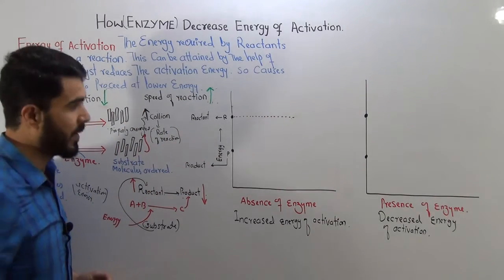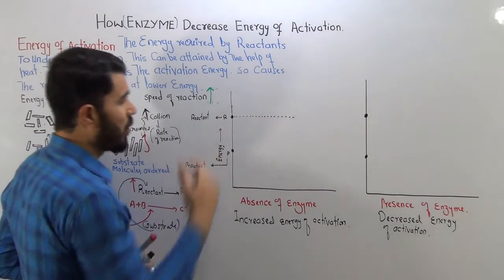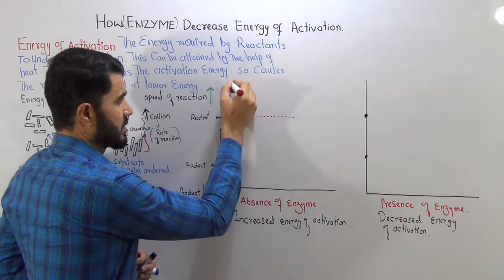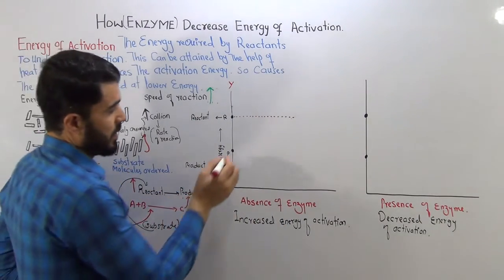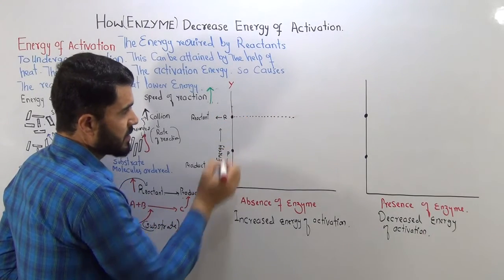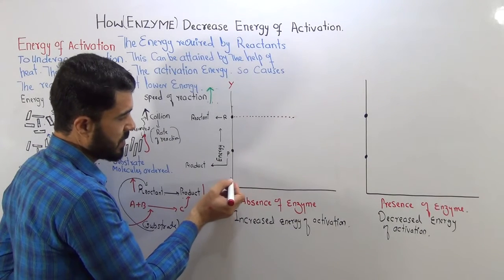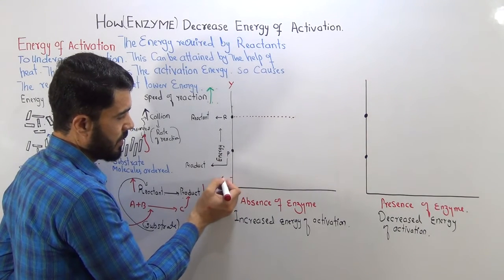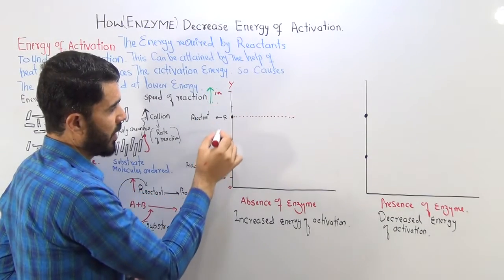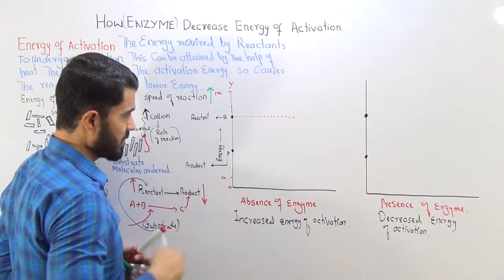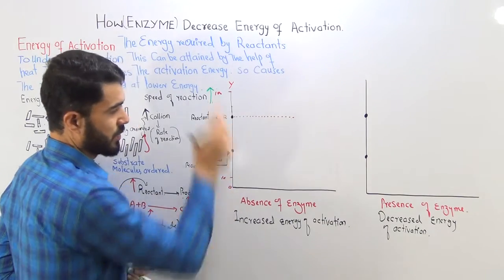This is clear. Now, if we draw a graph, on the x-axis we do not have anything, don't worry. On the y-axis, we put energy. This is 0 energy, this is 10, this is 50, 100. It means if you go up, the energy is increasing.